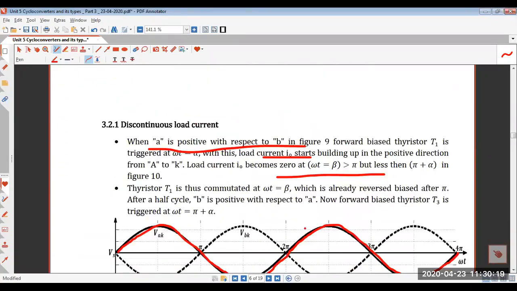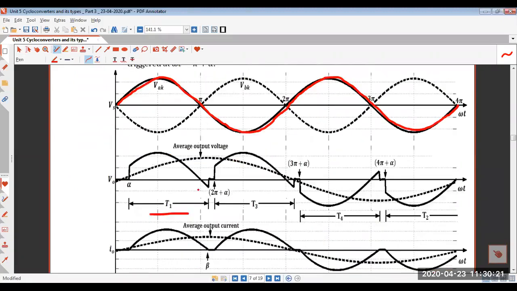So let us come back to the output waveforms here. You can see for this first positive half cycle of the first cycle, T1 is conducted and you will get this kind of response. In our yesterday's experiment also, if you remember, by varying the value of inductance, we could see its effect on the output.